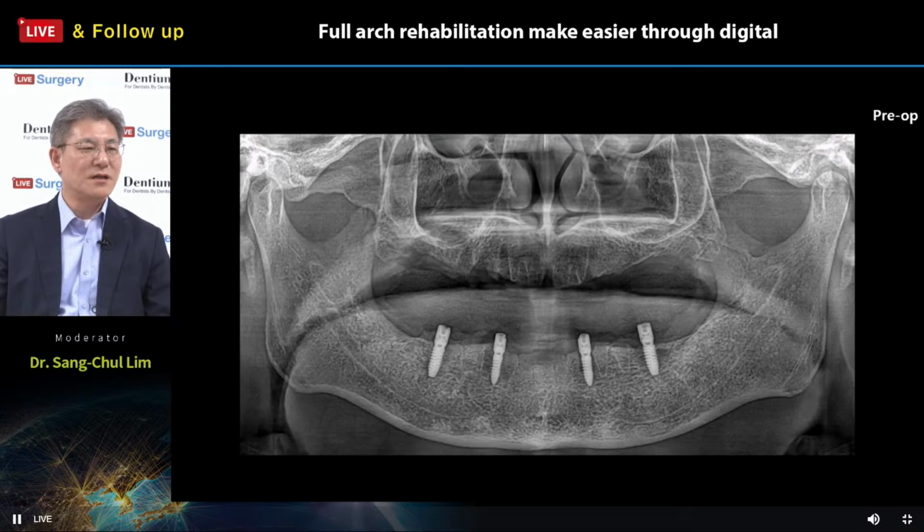And before the surgery, in the upper jaw, we can see the maxillary sinus pneumatization. So Dr. Chung wanted to avoid a big sinus surgery because of early loading for the patient.